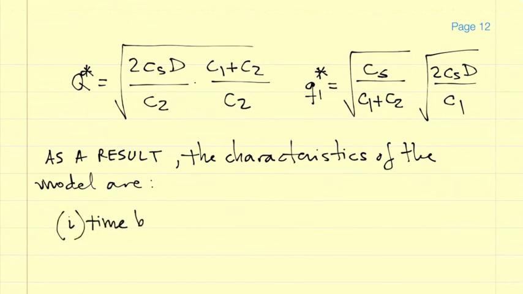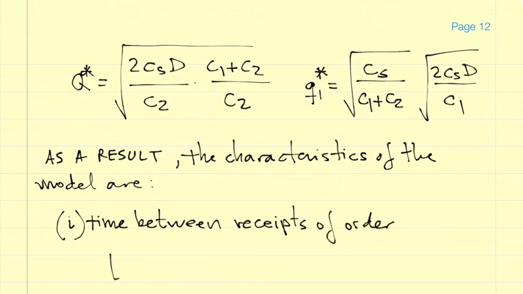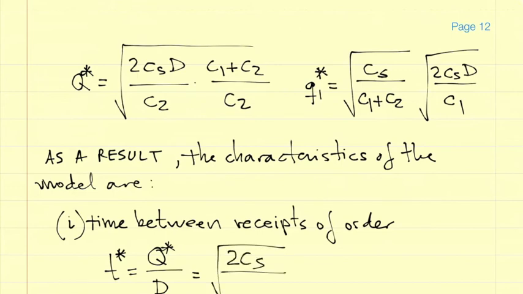Time between receipts of order, or the best T star, is Q star divided by D. The optimum order quantity is square root of 2CS D times C1 plus C2 divided by C2.